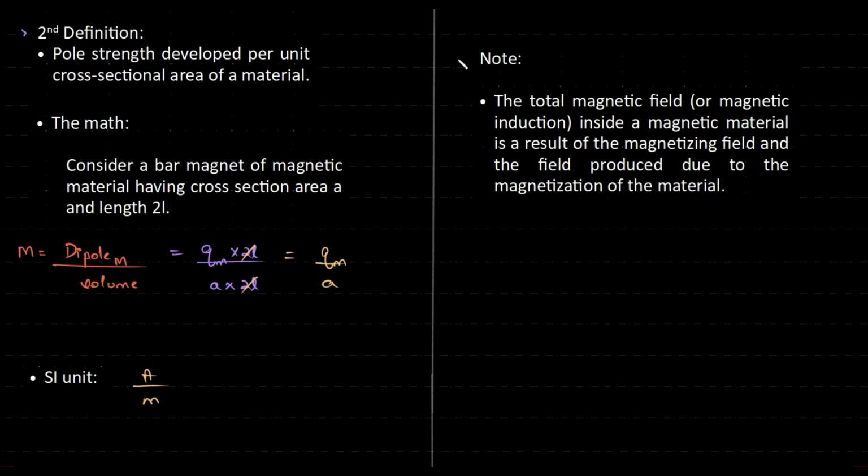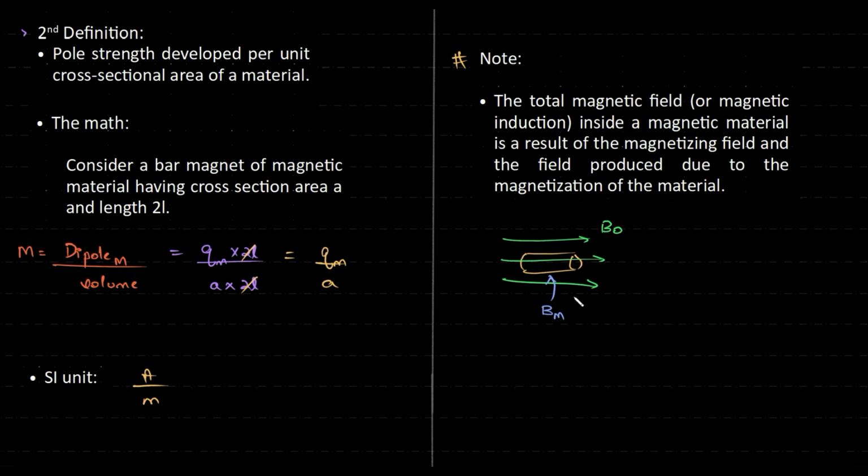Okay, let me sum it up. You have a cause, a material placed in an external magnetic field. In the end, you have a magnetic field because of the external magnetic field B naught, and within the solenoid, if there is a ferromagnetic material, there will be an extra bit of magnetic field.